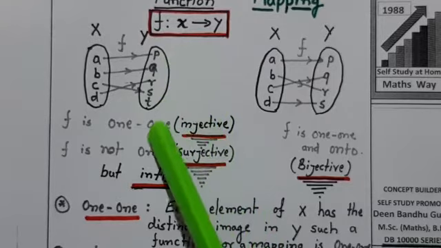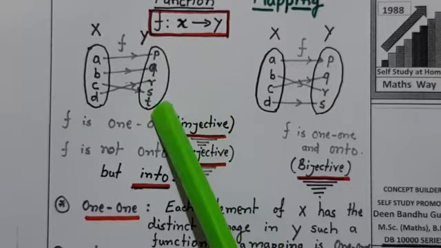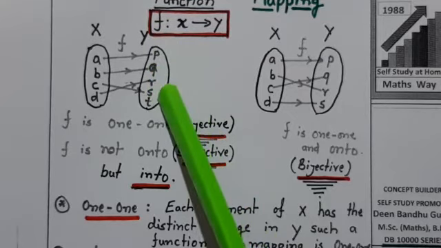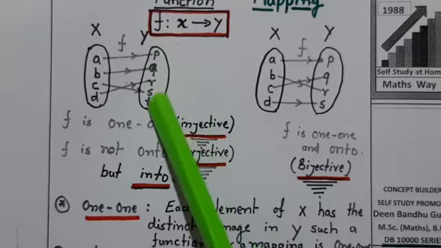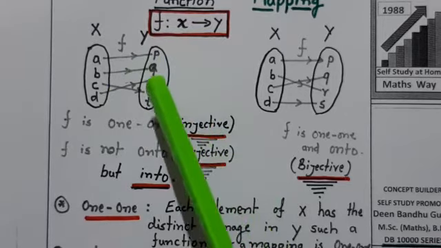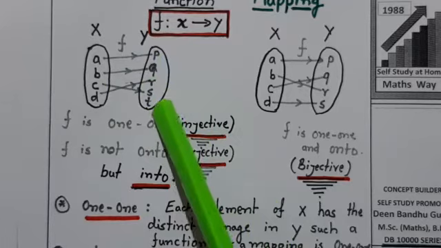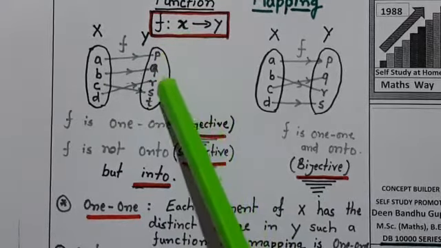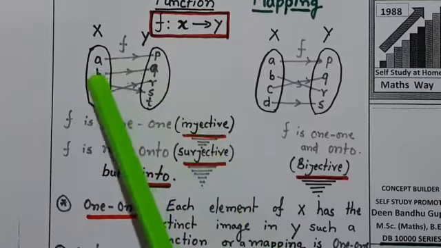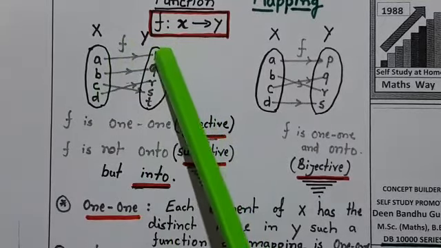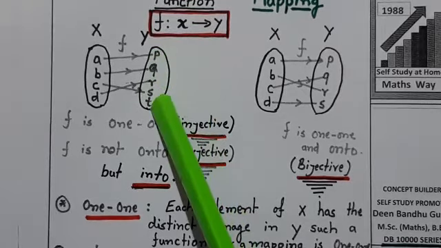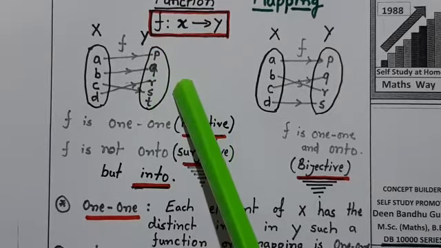Here in this example, the set of P, Q, R and S is range because they are having the pre-image, they are having the image. And if you include this T also, P, Q, R, S and T, that is codomain. This is domain, codomain, and these elements having a set have only P, Q, R, S, that is known as the range.